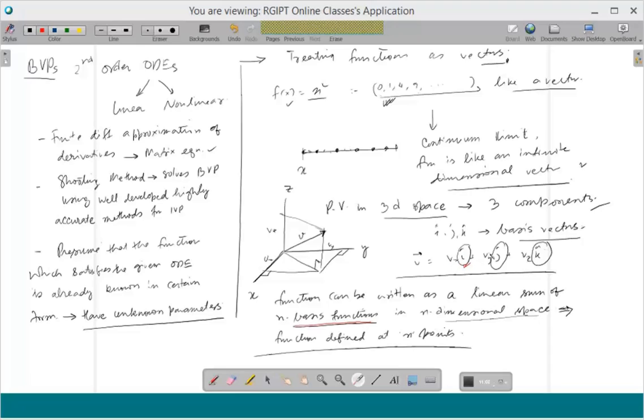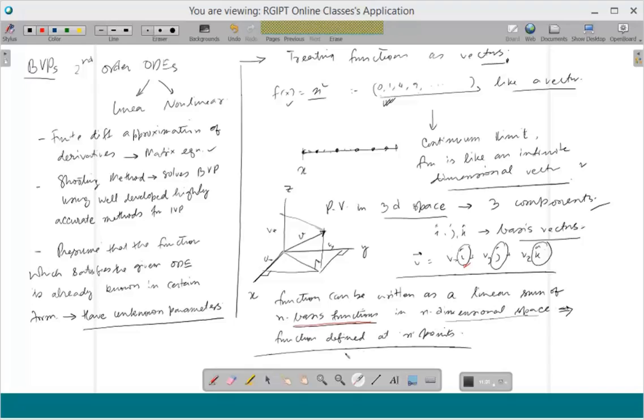That makes our life easier. You can talk in terms of those constituents which can be easily handled, and when you have to do some operation on V, you imagine doing it individually on these three first, and then finally you add the net result. So that is the idea.